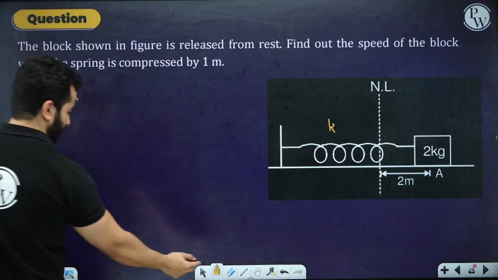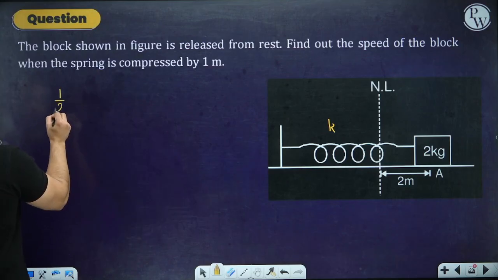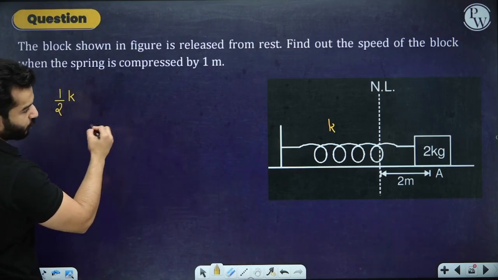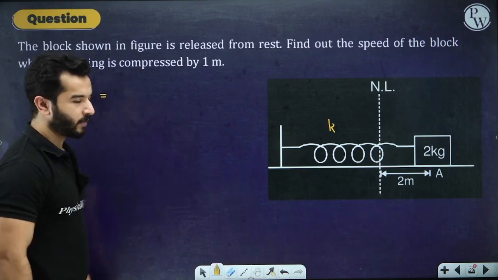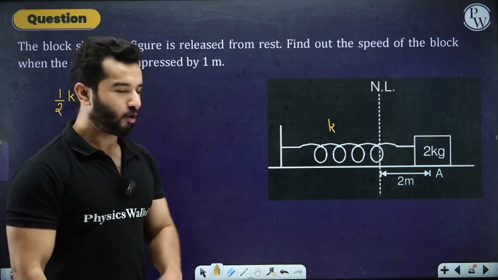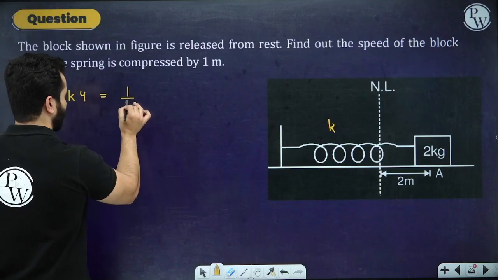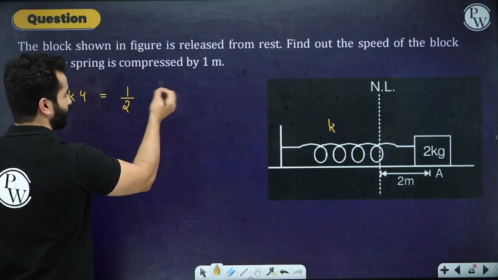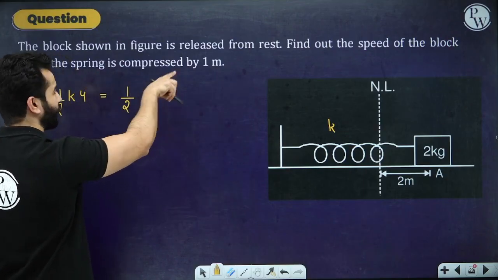So in this case, we are going to write half k x square, and this is going to be 4, equals to, now see how I do it. This is all my cash, equals to half mv square, the kinetic energy.